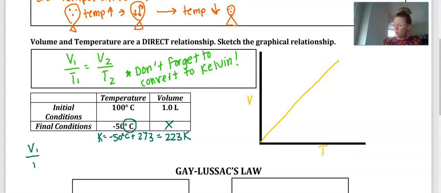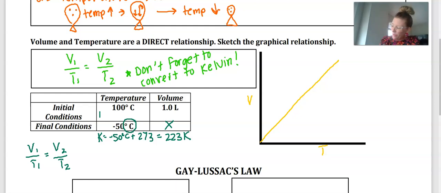So we have V1 over T1 equals V2 over T2. Let's plug it all in. I'm sorry, I read this entirely wrong here. We do actually also have to convert this initial temperature. For some reason, I was reading it differently. So our final volume is unknown. Let's go ahead and solve this.